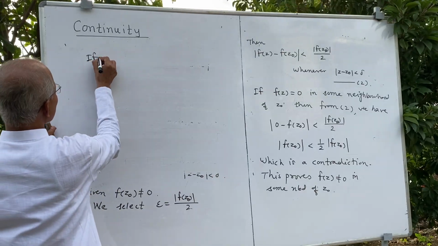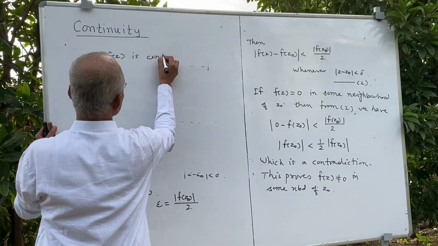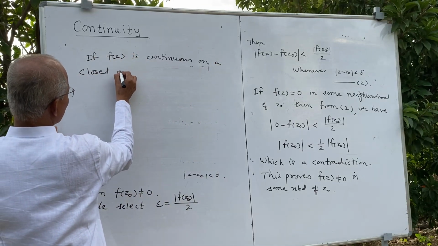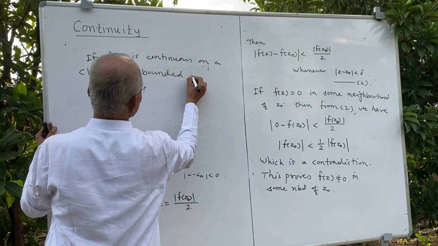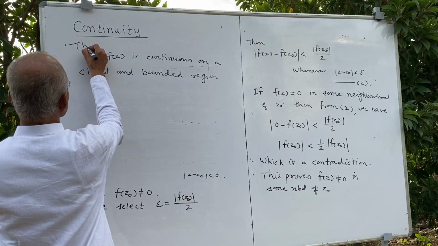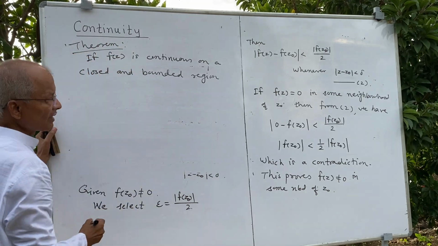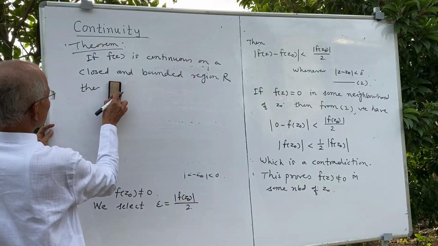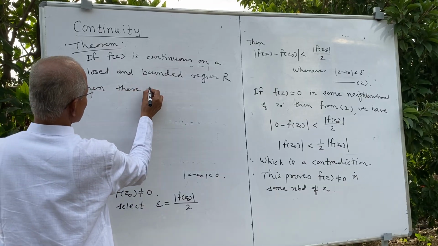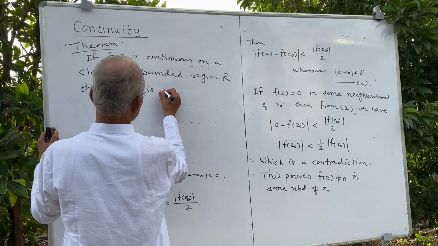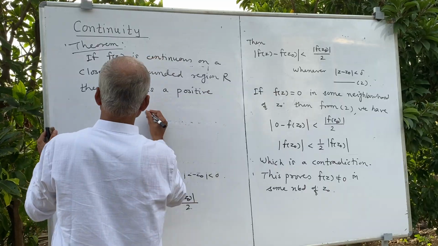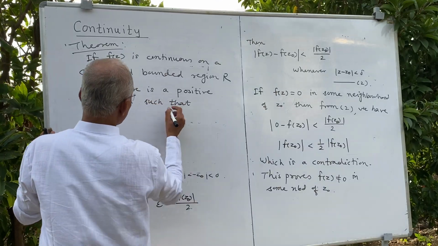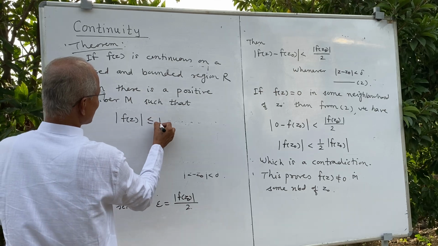If f of z is continuous on a closed and bounded region R, this is also a theorem, then there is a positive number m such that the absolute value of f of z is less than or equal to m.